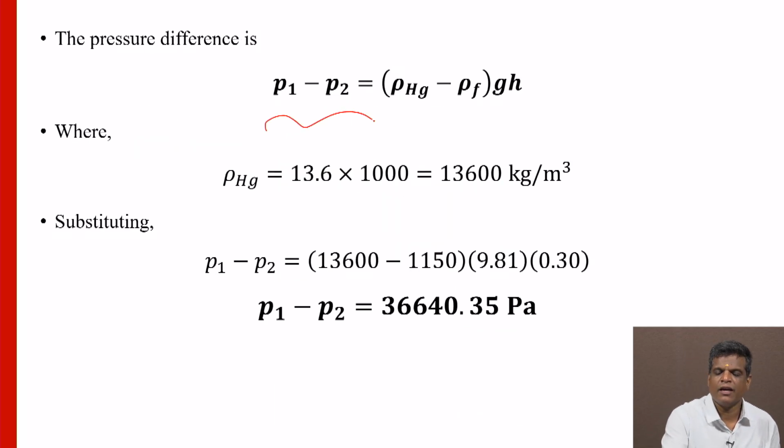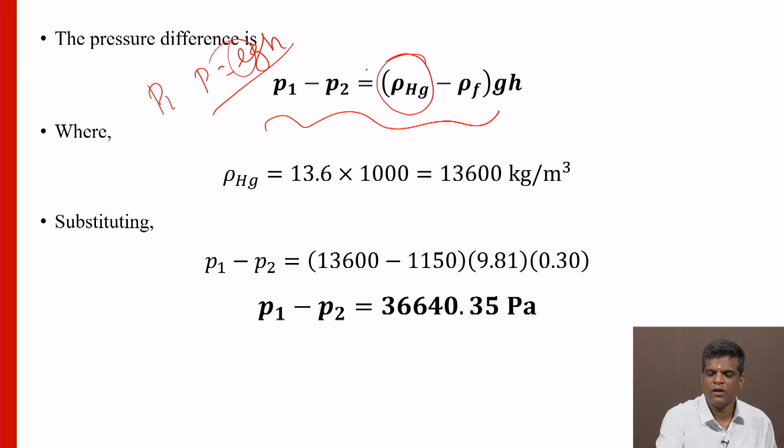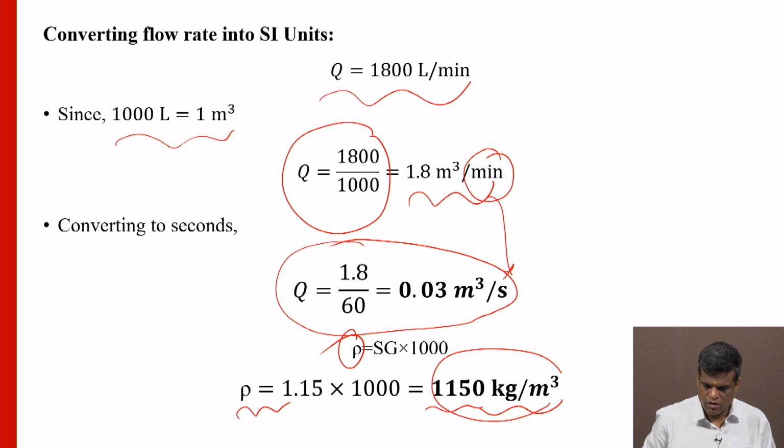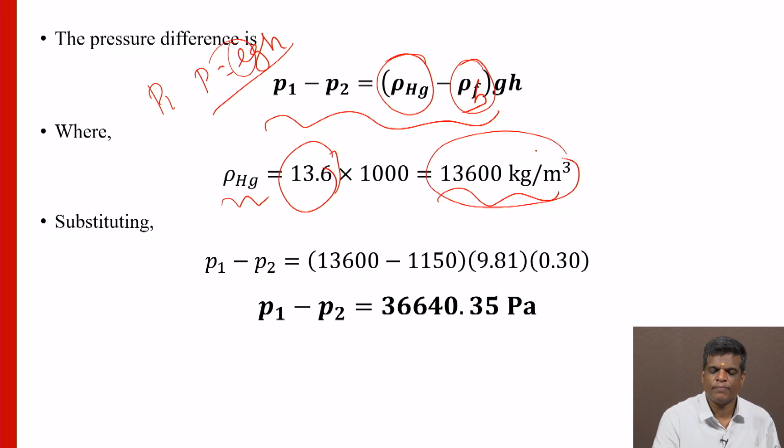For the pressure difference, we can always write P equal to rho g h. This we already derived many times. Here there is a density difference: one is the mercury density, and the other is rho f, the density of the brine solution. The density of mercury, from the specific gravity 13.6, is 13600, and the brine solution is 1150.